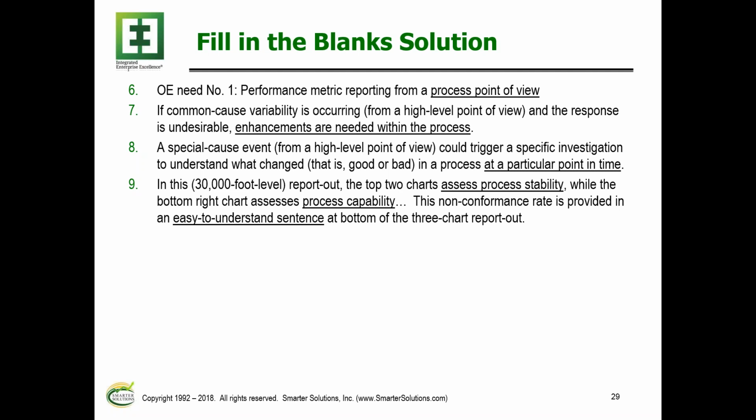This non-conformance rate is provided in an easy-to-understand sentence at the bottom of the three-chart report out. Notice control charts don't address process capability. With the 30,000-foot level report out, you go in and assess process stability and process capability in one report out in one sheet.